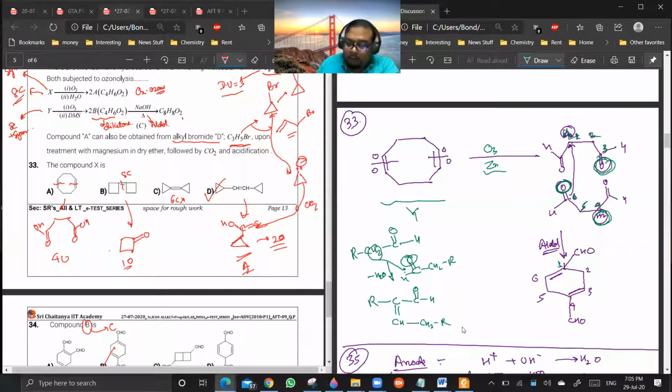If you want to write the aldehydes back, you can just write hydrogen and oxygen here, and you will get back the original aldol reactants.